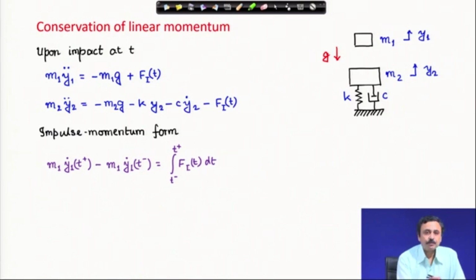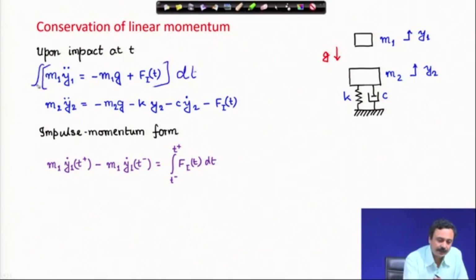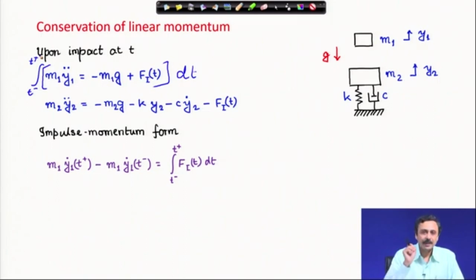For the first mass I can integrate this full equation over time, and the left hand side becomes m1, constant, times the integral of y1 double dot, which is y1 dot, integrated from t minus to t plus, where t is the time instant at which the impact has taken place.